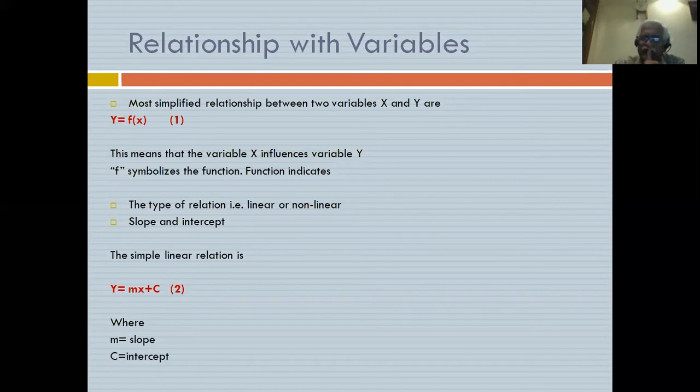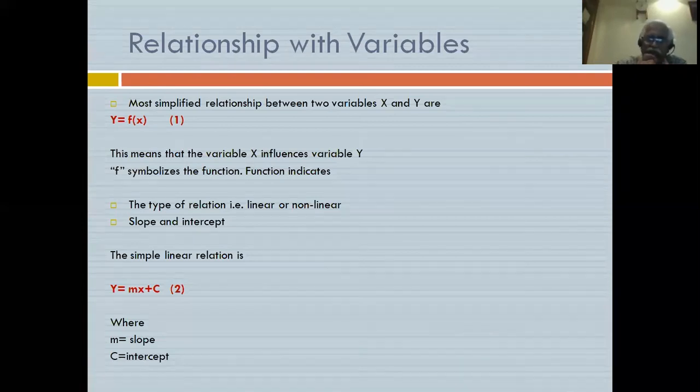So first, two variables are related. That means y equal to a function of x. The function indicates that the variable x influences the variable y. Now, the simplest linear relation is y equal to mx plus c, where m is the slope and c is the intercept. This is a very well known phenomenon to you. Next.